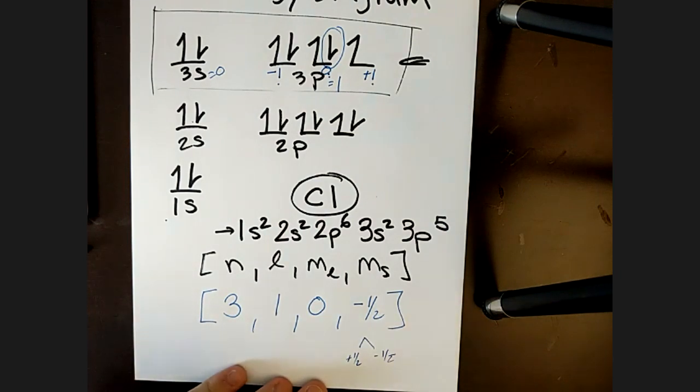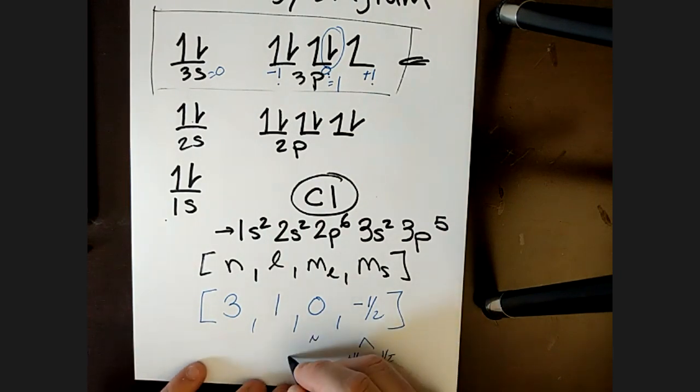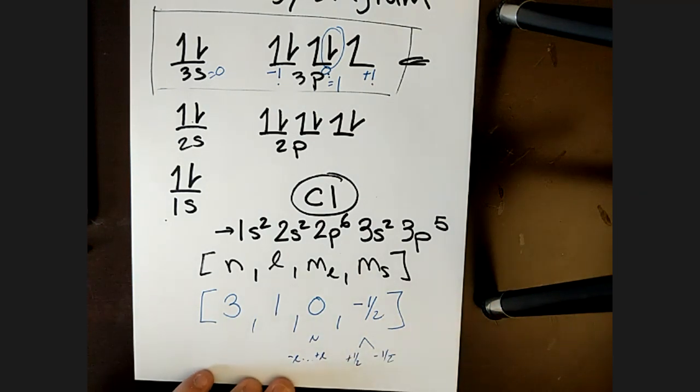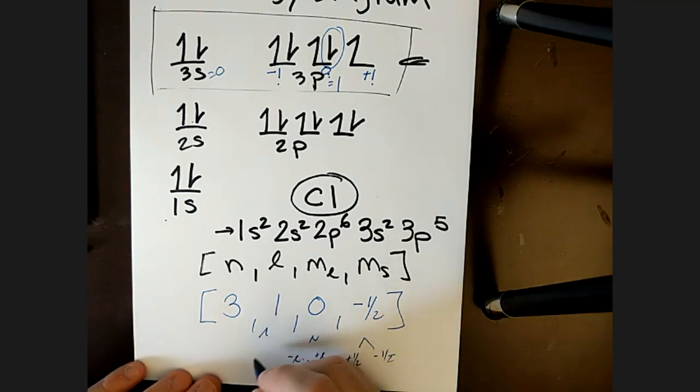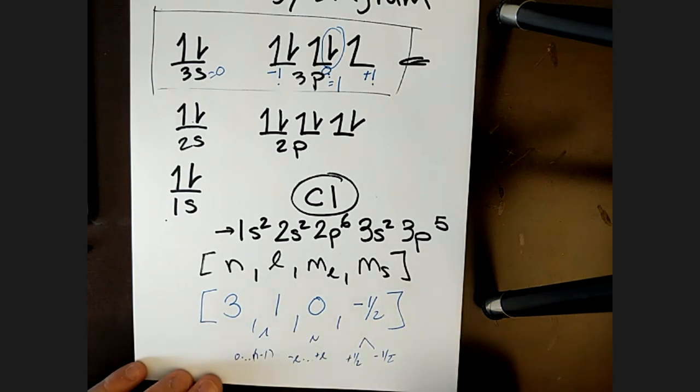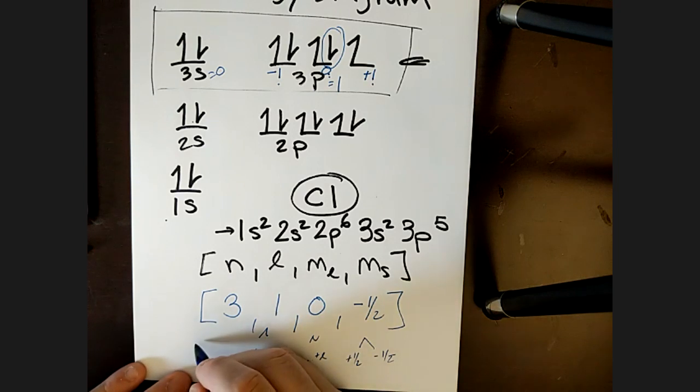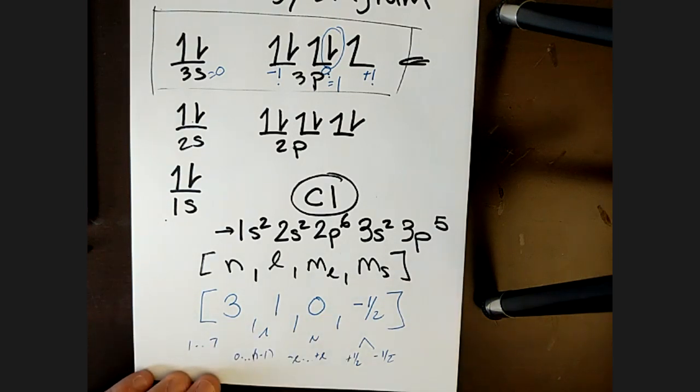Okay. This ranges from negative L to positive L. This here ranges from 0 up to n-1. And this one ranges generally from 1 to 7.